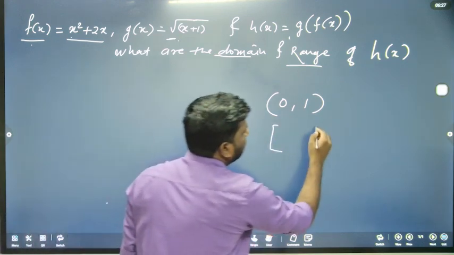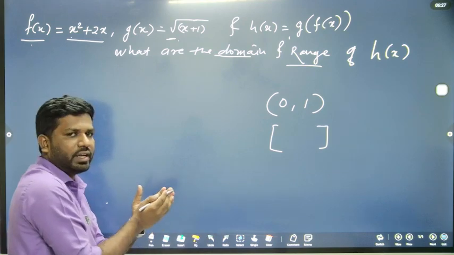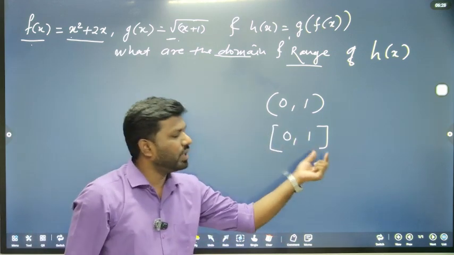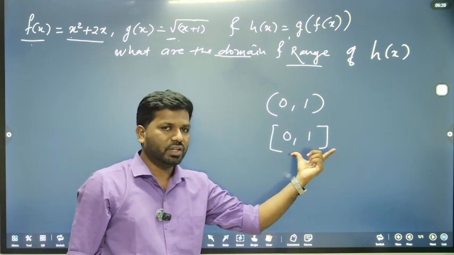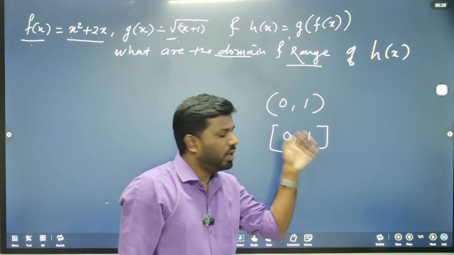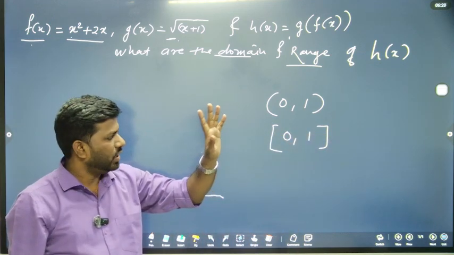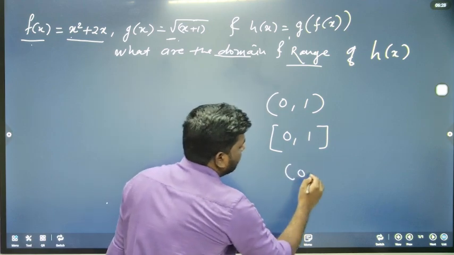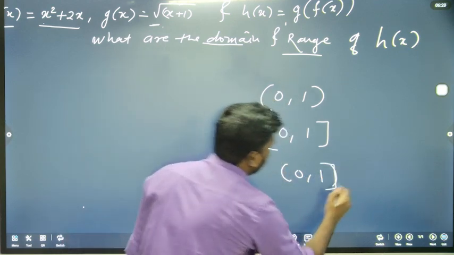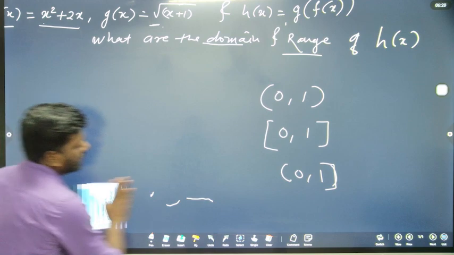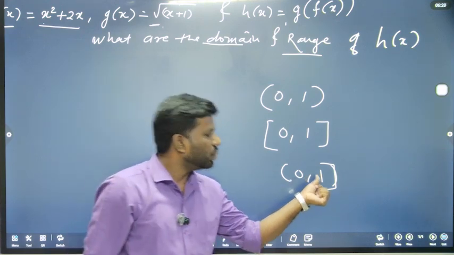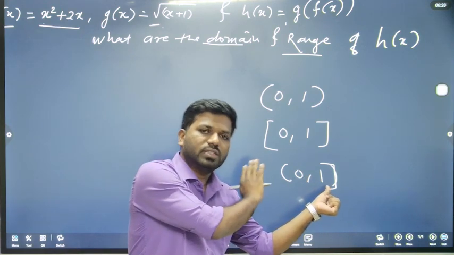What is the meaning of this one? This is your close bracket. So if I put range of 0 to 1, we can directly say 0 and 1 are included with your close bracket. Now if I write something like this, 0 to 1, open bracket for 0 and close bracket for 1, now you can clearly understand it can take values from 0 but not 0, to 1. तो 1 भी ले सकता है, 0 से 1 सारे वैल्यूज आ सकते हैं.